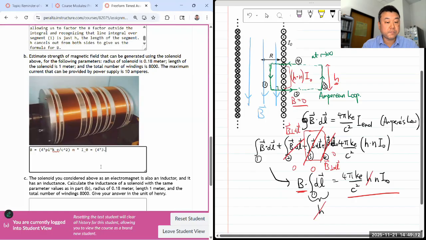4 times 3.14. K is the one that, by this point in the semester, I haven't memorized. So in basic SI units, I'll skip all the units.